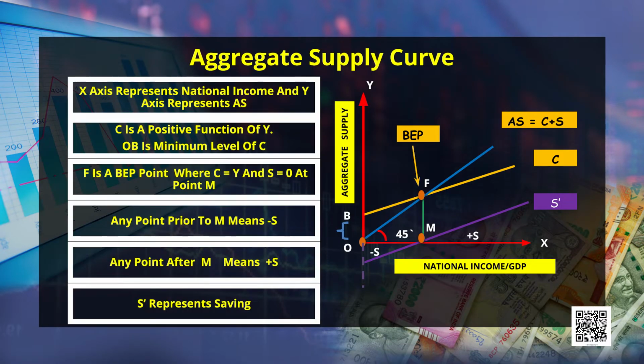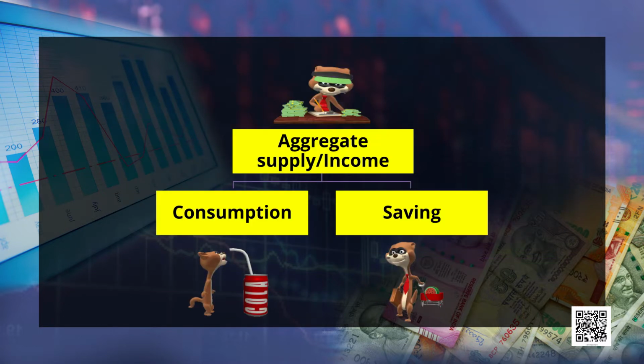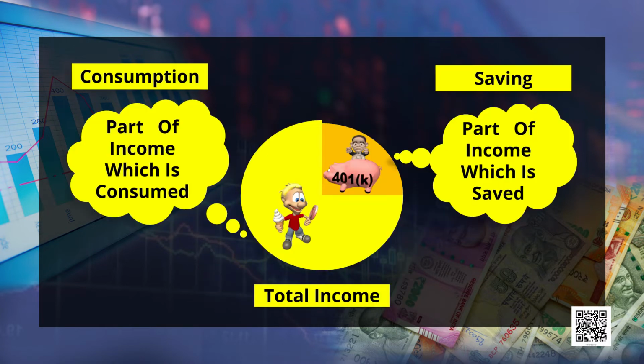Summing up our aggregate supply, it refers to the total supply of all goods and services in an economy. It is always equal to our national income and hence the aggregate supply curve is a 45-degree line because all points on this curve are equidistant from the x and y axes. Further, aggregate supply is divided into two parts, that is consumption and savings. Consumption being that part of income which is spent, savings means that part of income which is saved.